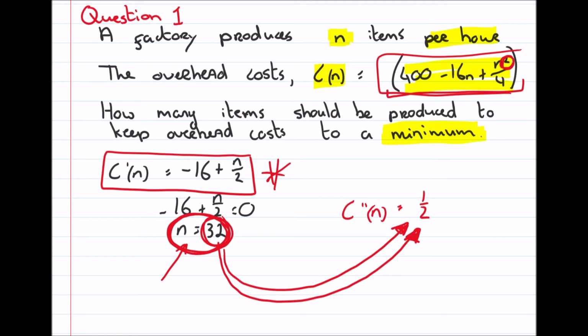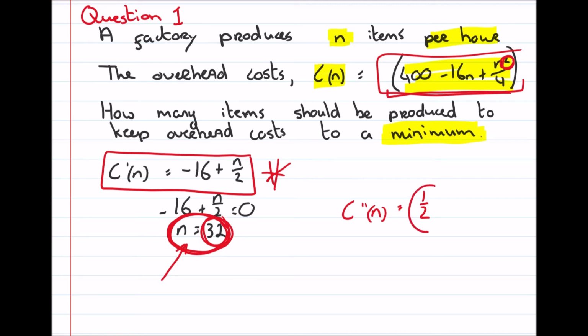But in this one, there's just a constant, it's a half, so there's no value to put the 32 into. Don't let that confuse you. Just look at this. Half, is it greater than 0 or less than 0? It's greater than 0. If it's greater than 0, then we can say it's a minimum value.